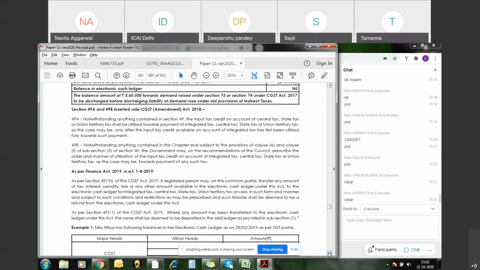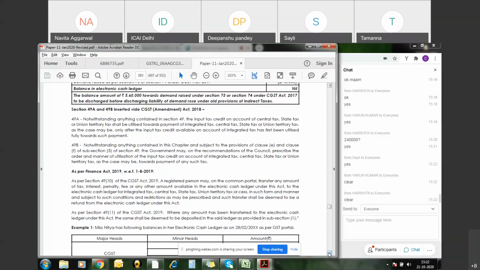See, again they are saying, as we have studied above also, that 49 and 49A read together. This is further elaborating the same things only.